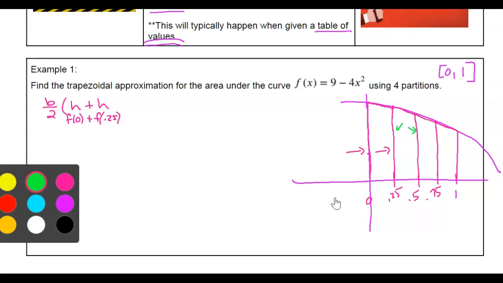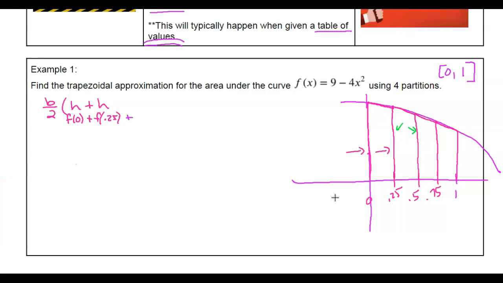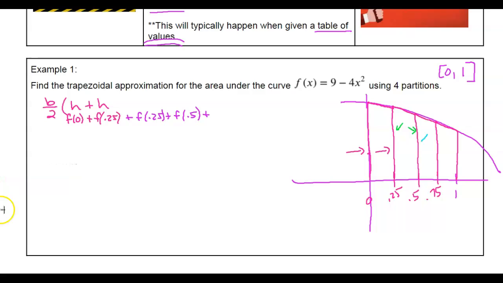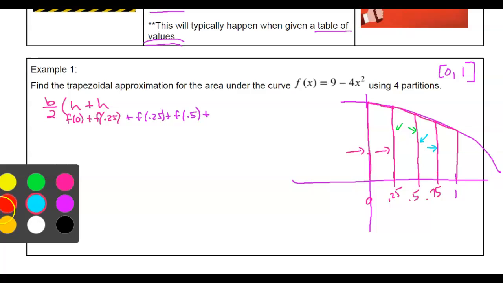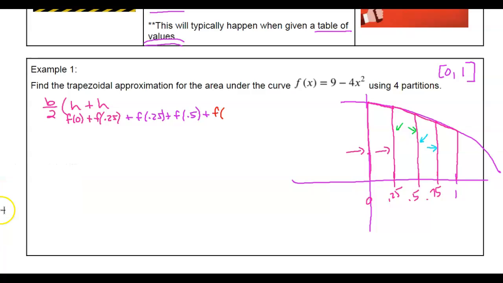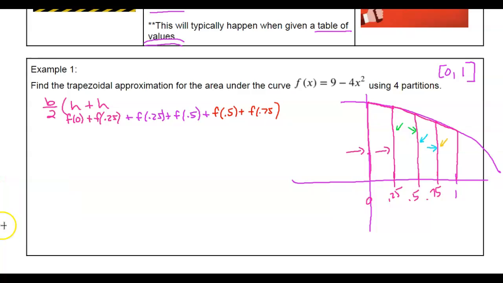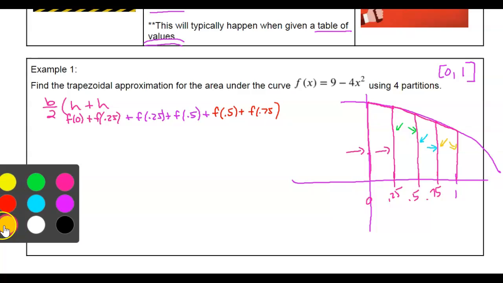So I get f of 0.25 plus f of 0.5. Then on my third one, I've got this base and this base, or height. And then on my fourth one, we've got that base and this base.